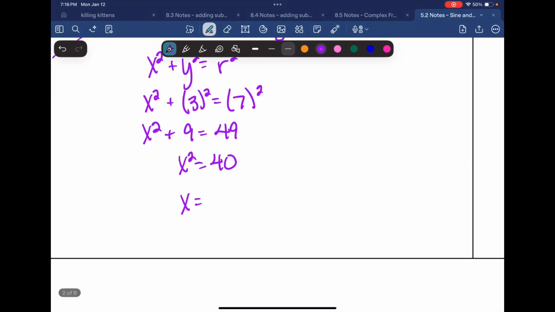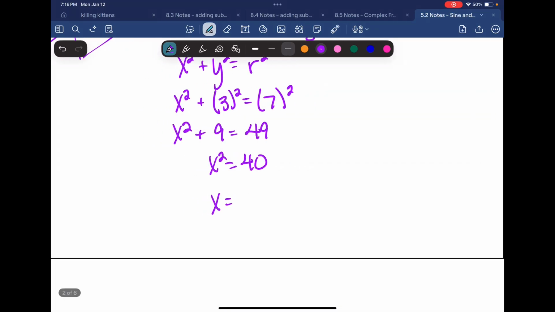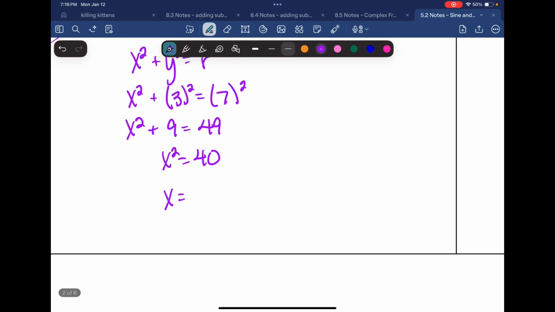Let's talk about doing a square root. Okay. It kind of depends on how your teacher taught you. I do it with prime factors. It doesn't really matter to me how you do it.